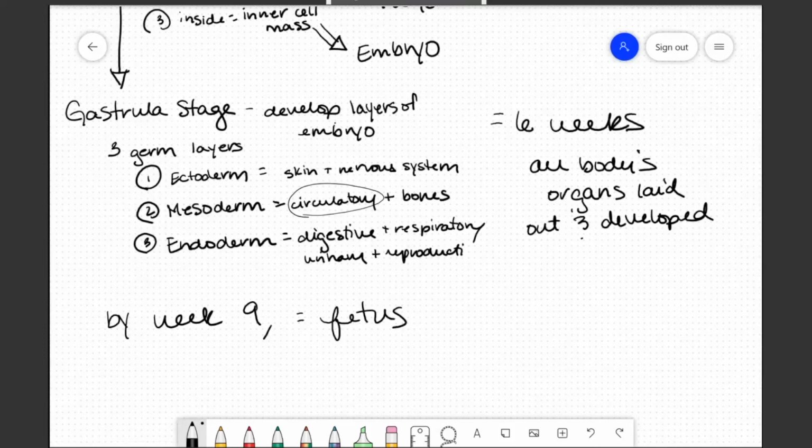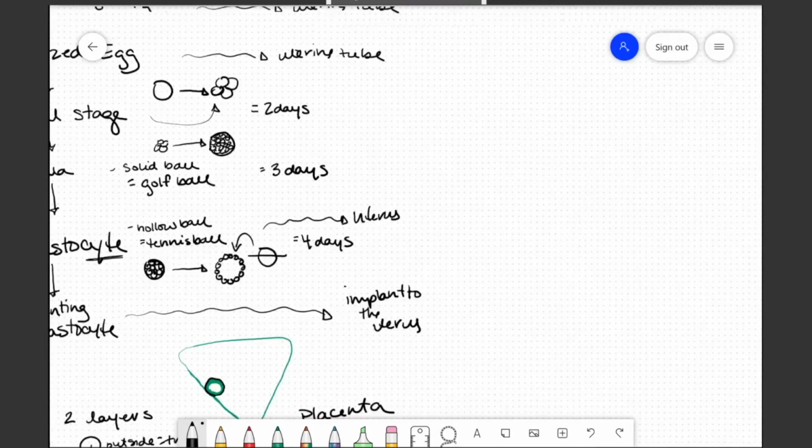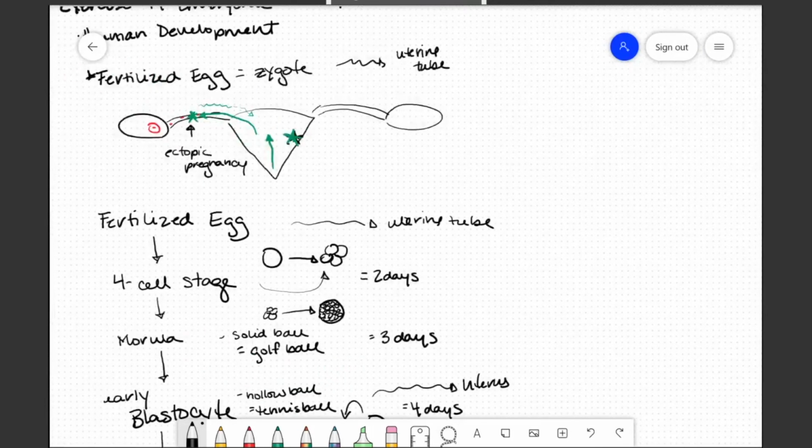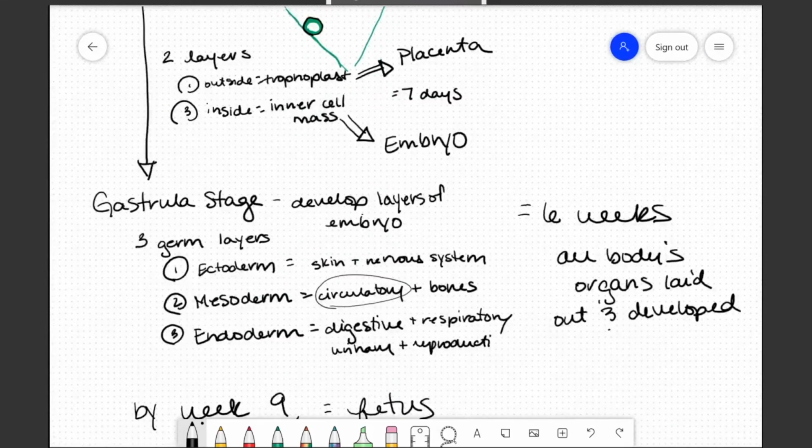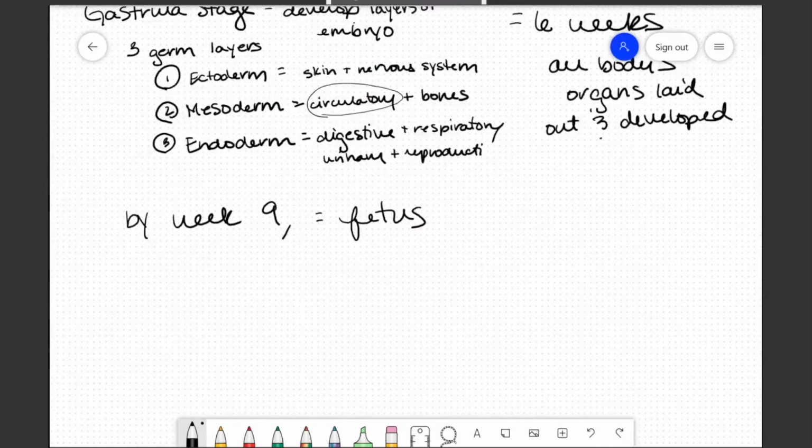So for the technical medical definitions of when things are called what, it starts as a zygote, which is the fertilized egg. Then it goes into a blastocyte, which is going to be the part that implants into the uterus. That will go into the embryo, and then by 9 weeks, that term will then be converted into a fetus, and growth of everything will continue to occur.